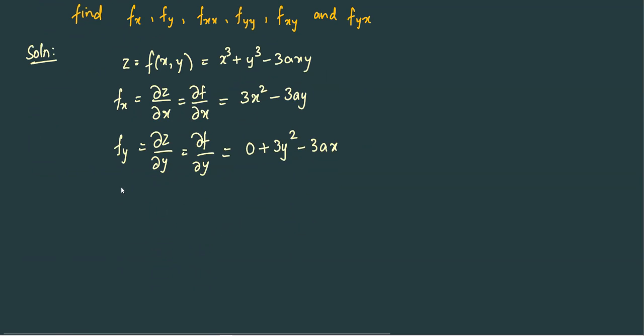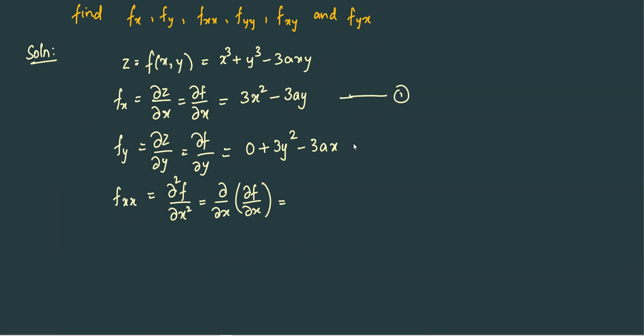Next, fxx. That means this is d by dx of dou f by dou x. So differentiating this expression with respect to x, we get 6x.